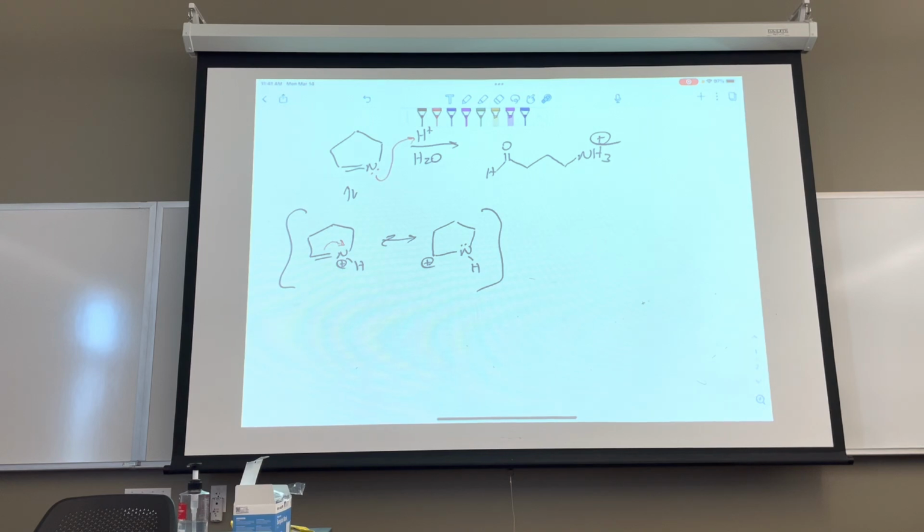Once we have that, it would make sense. Remember, we talked about having to get water in this molecule at some point. Well, now we have a positive charge. We know water is a nucleophile, so it would make sense to have H2O come in at this stage and attack there.